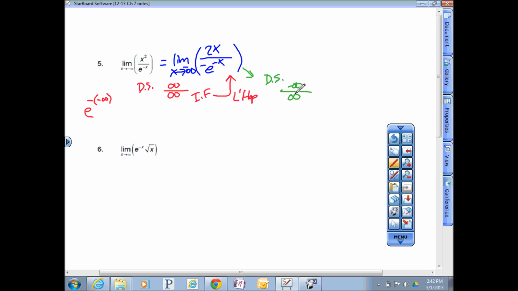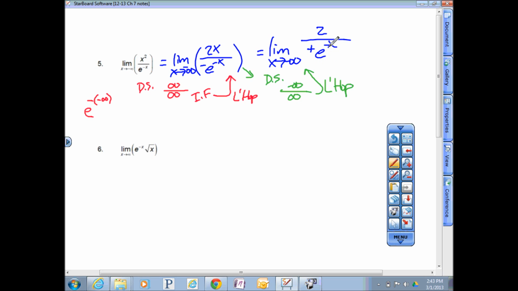If I do L'Hopital's a second time, I've got the limit as x approaches negative infinity of 2, good sign, that's a constant, over positive e to the negative x.